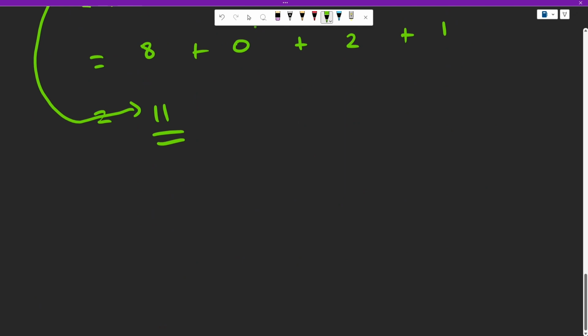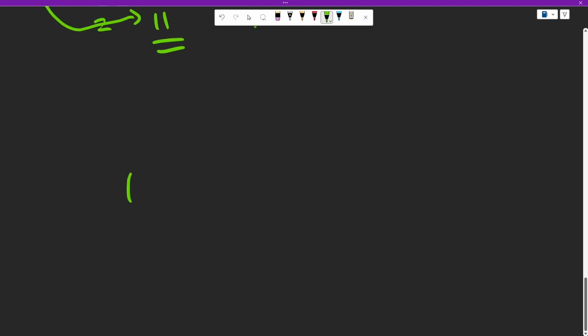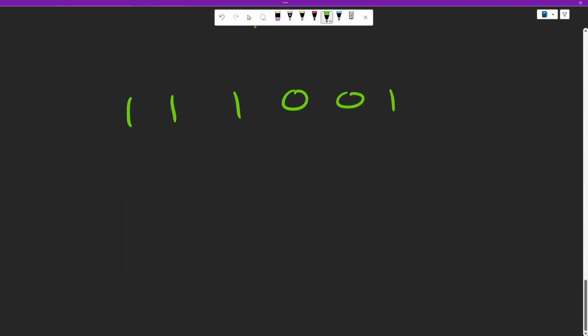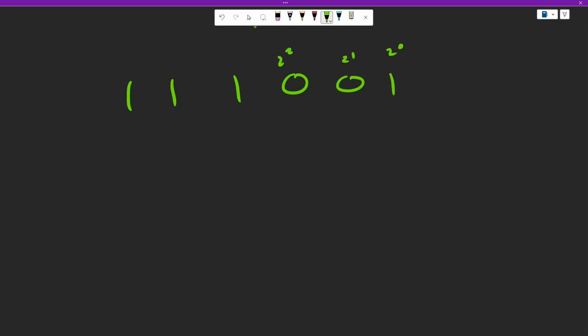Let's say we have 111001. How are we going to convert this number into a decimal number? We know this is 2 raised to 0, 2 raised to 1, 2 raised to 2, 2 raised to 3, 2 raised to 4, and 2 raised to 5.